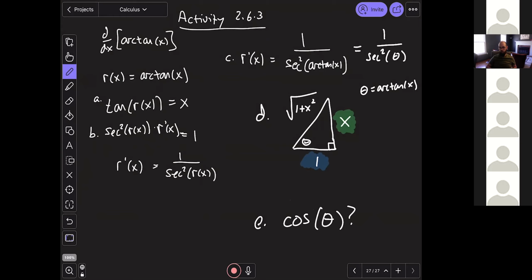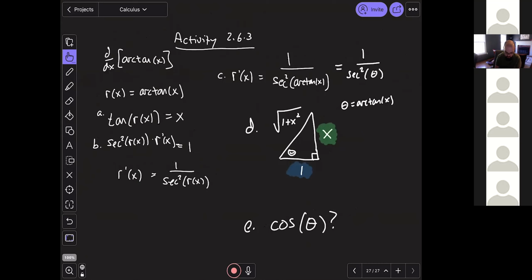Yeah, 1 over, exactly. Secant is the inverse of cosine. So we're picking up some steam here. Where is this going? Where's the end result going to be? Yeah, let's get rid of secant.